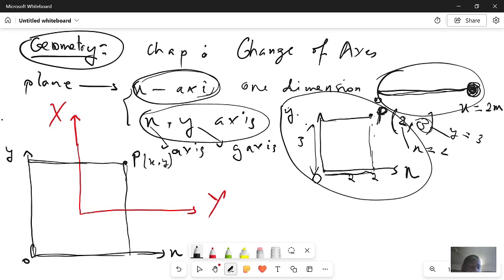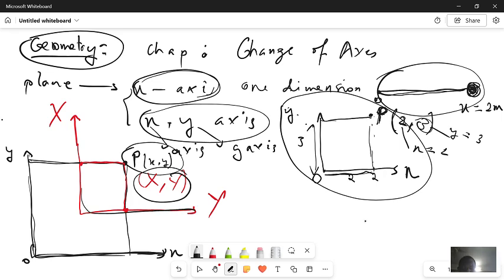The value of x and value of y can be any. The same point P has its own coordinate in the red plane, let's say, capital X and capital Y. So now I can have one single point which has a coordinate in the first plane and another coordinate in the second plane.